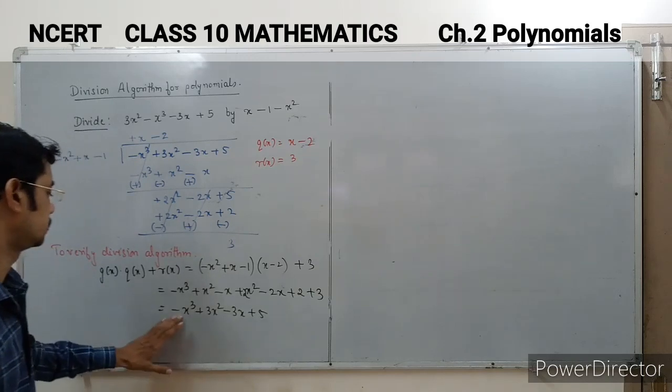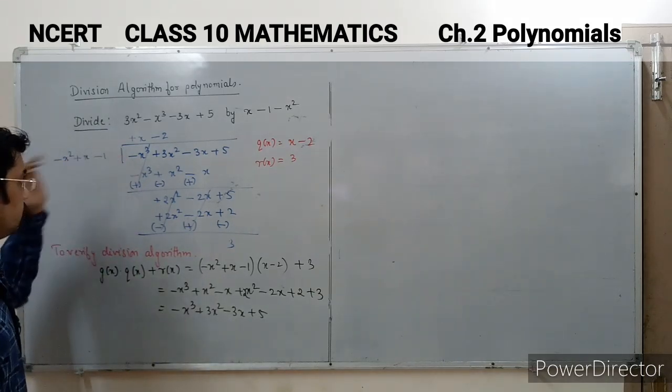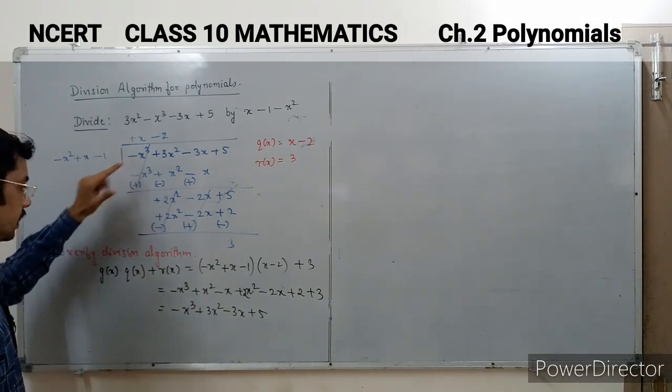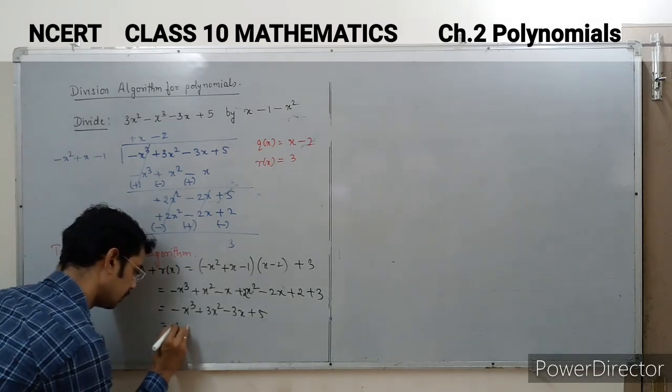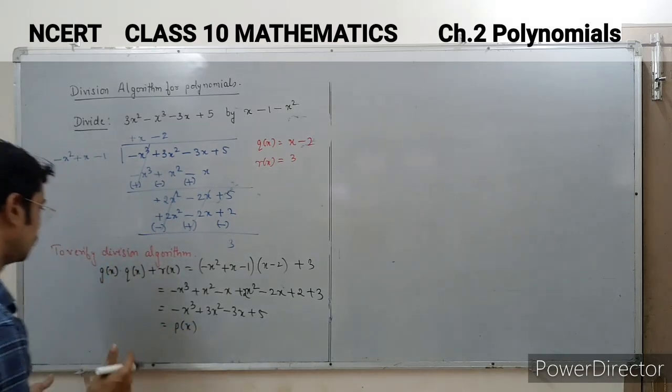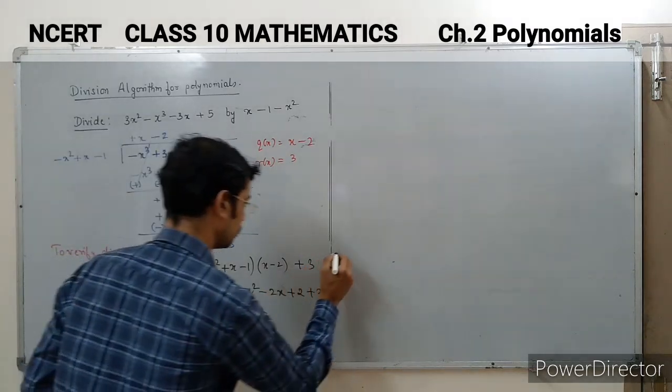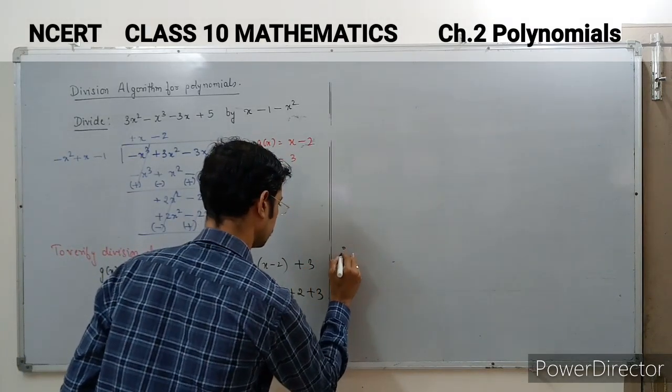You can observe that this is nothing else but the dividend polynomial. So that is equal to p of x. So therefore we have verified.